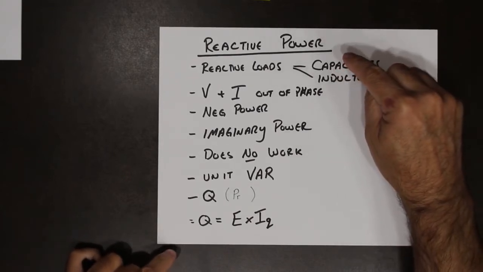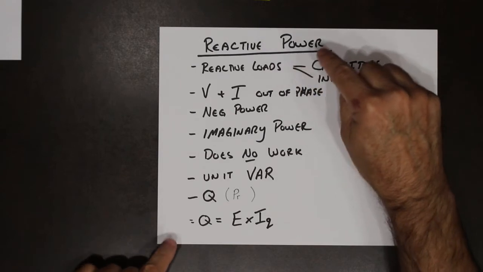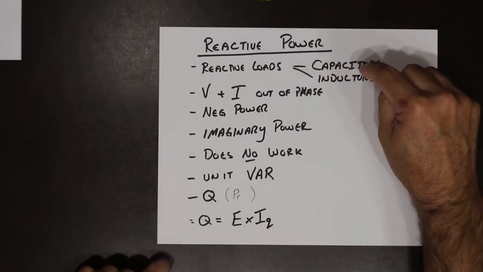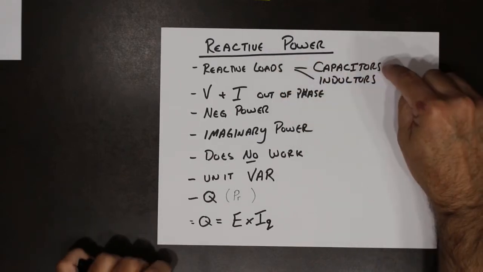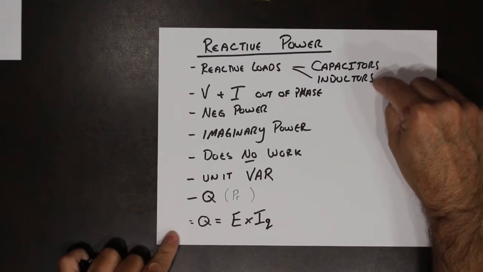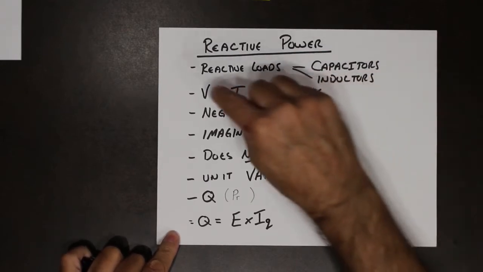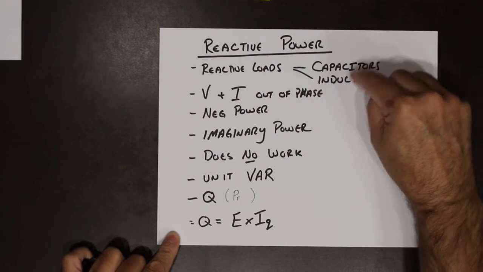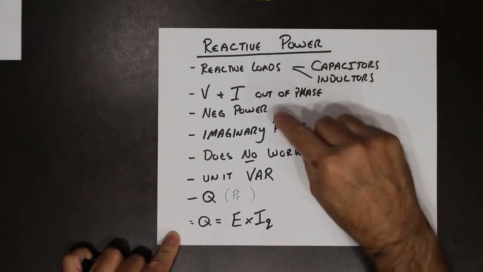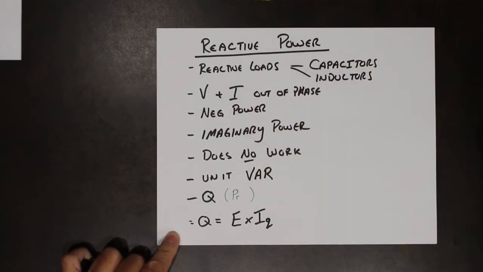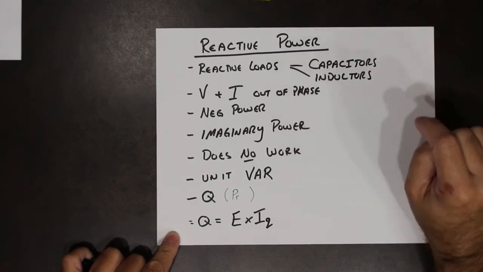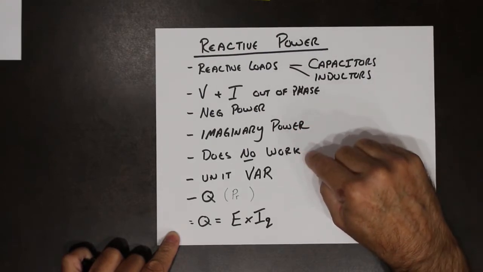So we have reactive power, which is found in reactive loads, that is capacitors and inductors. In the AC world, voltage and current are out of phase in these components, so when we do our multiplication, we end up with some negative power. So we have imaginary power that does no work.